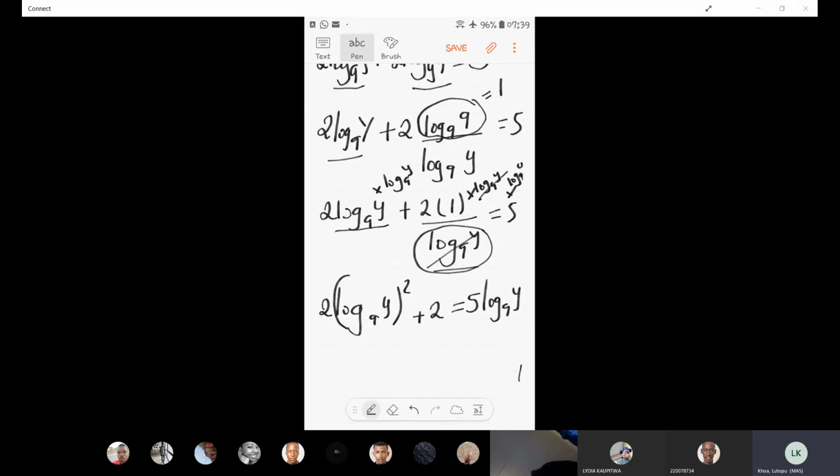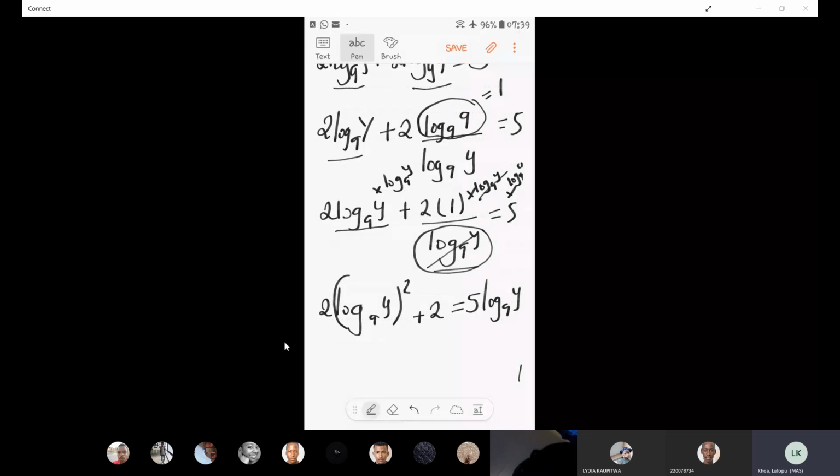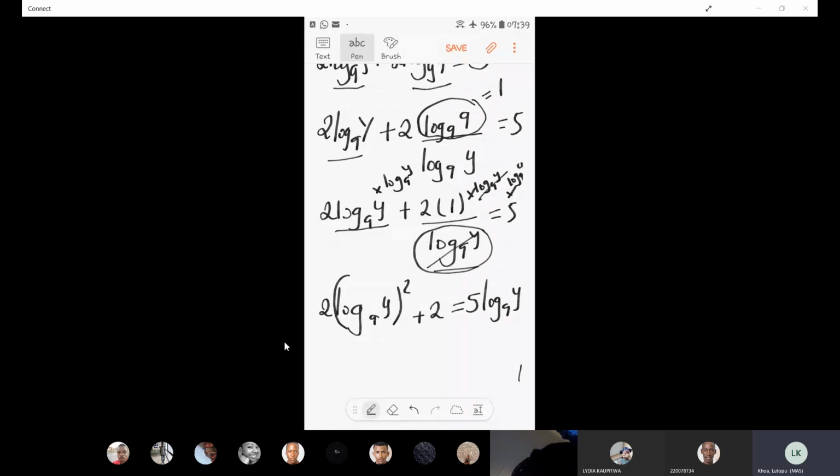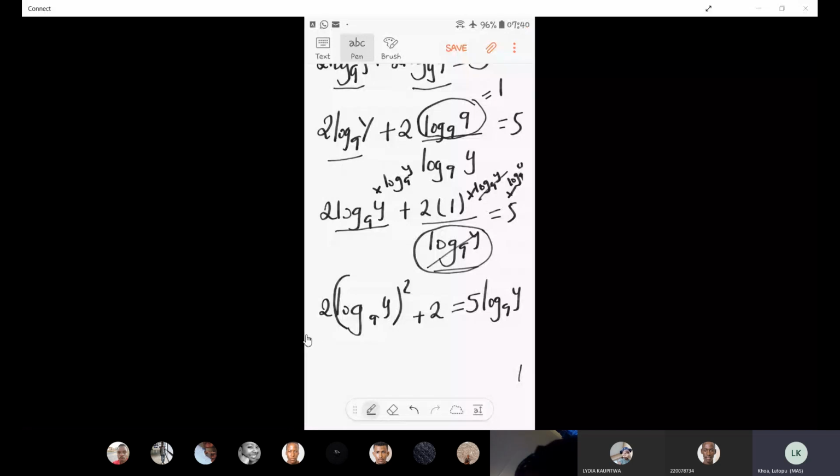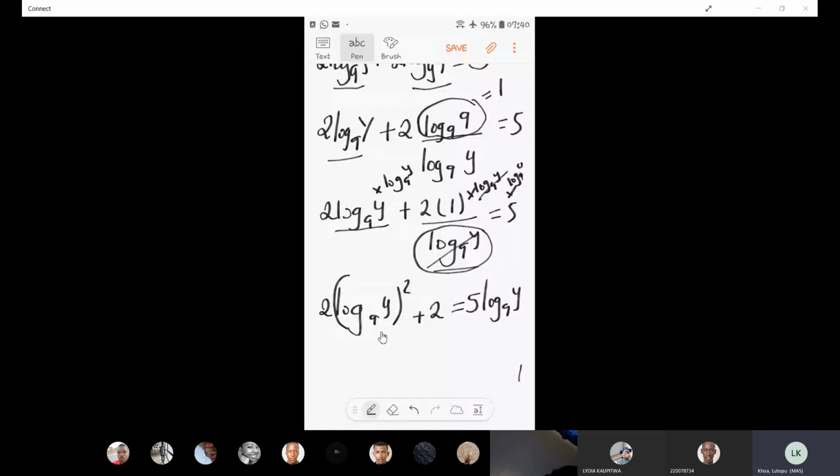Now I'm sure you can already see that this is becoming a quadratic equation, and with quadratic equations we usually bring everything to one side and leave 0 on the other side.